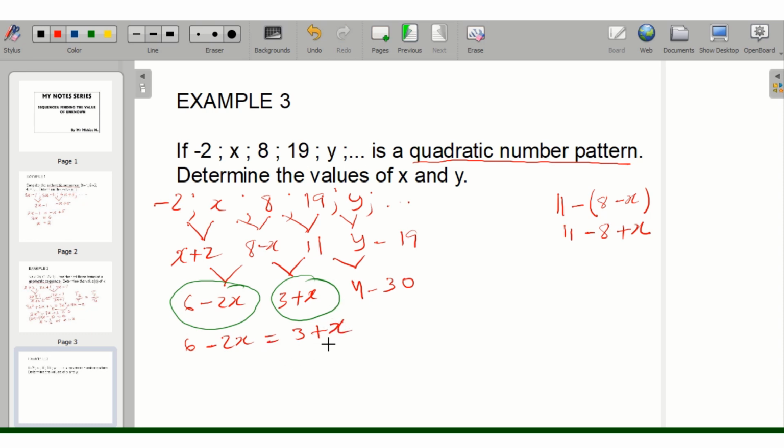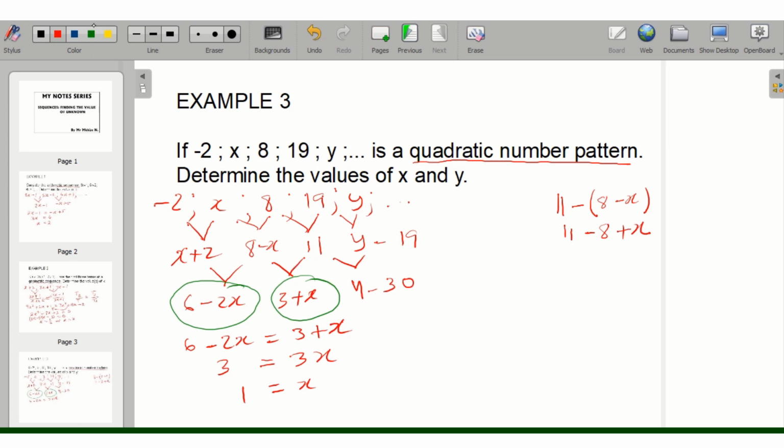It means we can solve for x in this equation because we only have one unknown. So you can bring this 2 on the right hand side and this 3 on the left hand side. So 6 minus 3 will be 3, and then 2 plus 1 will be 3x. And if you divide by 3 on both sides, you'll have x equals 1.